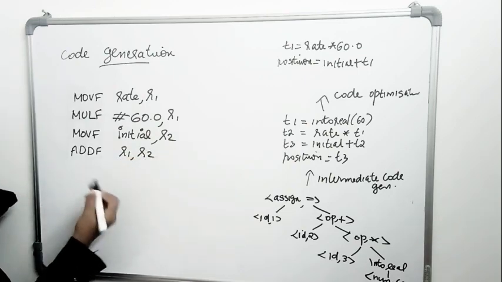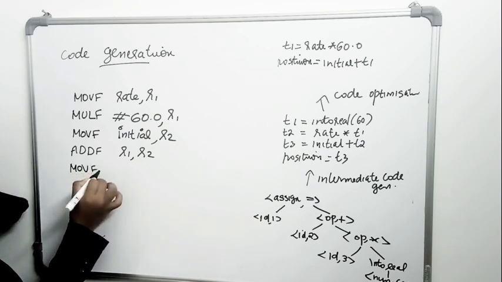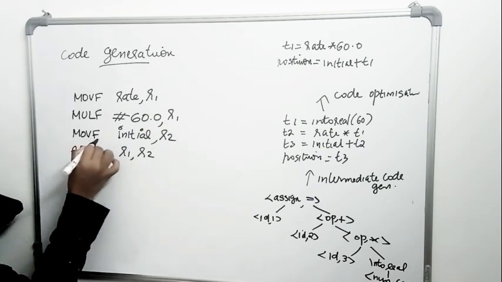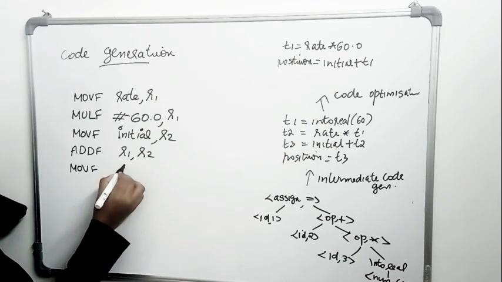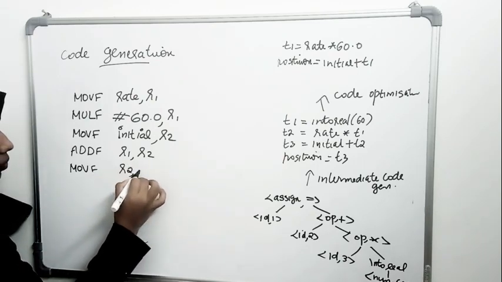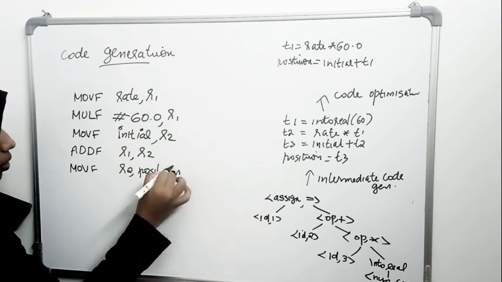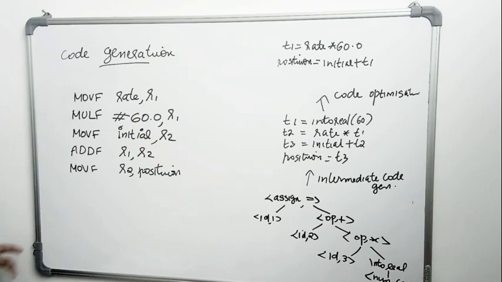Now we have to copy the result back to position, isn't it? So MOVF. F stands for floating point here. Position is a memory location which is storing the value for position. So this is how we generate the code.